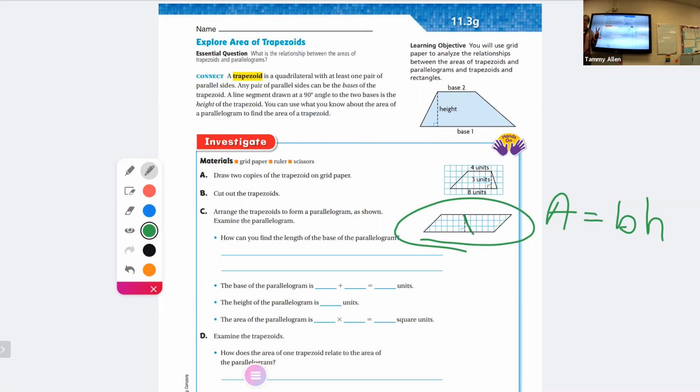Do you see that? Okay? So we get that 1/2 business going, right? We still have the height that we need.